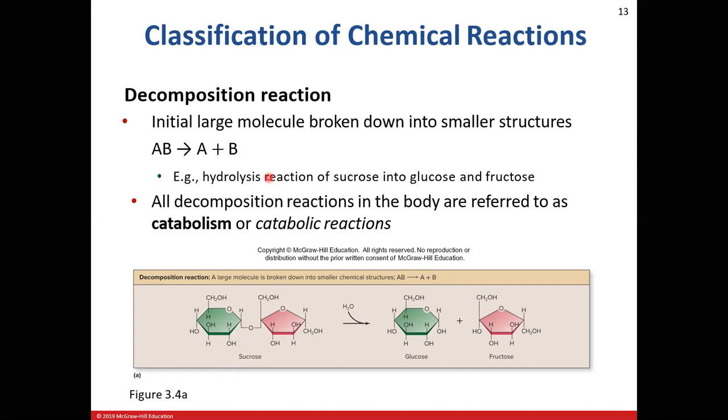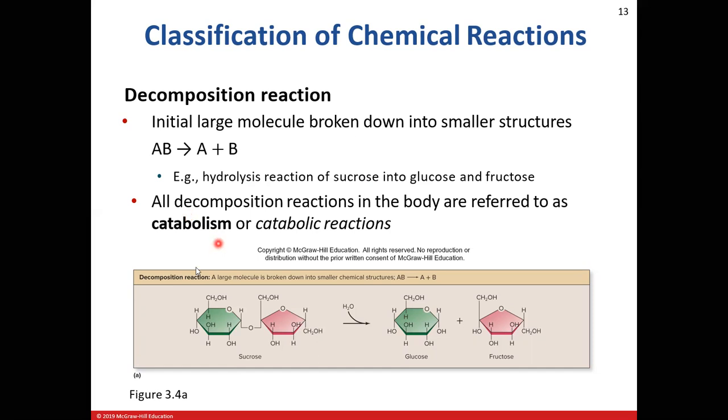But again, we are breaking down a molecule into component parts. What we'll find is that all decomposition reactions in the body are going to be referred to as catabolism, or a catabolic reaction.